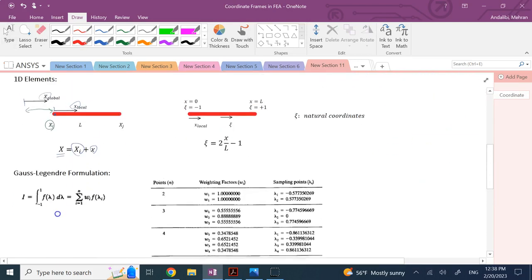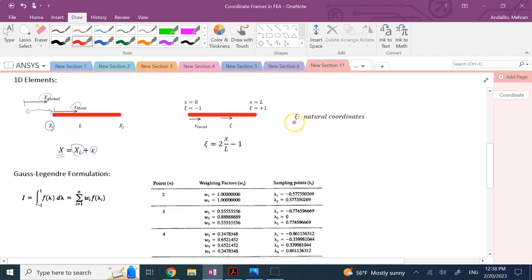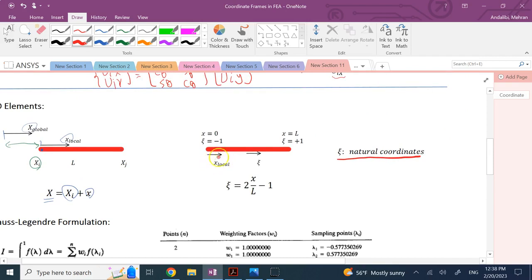Now, what is the natural coordinate, the third coordinate frame? Natural coordinate is very similar to the local. It is along the member, but instead of starting at one of the nodes, this one starts at the midpoint. So here is L over 2. Small x equal L over 2. Here on the left you have x of 0, and on the right you have x of L, where L is the length of the element.